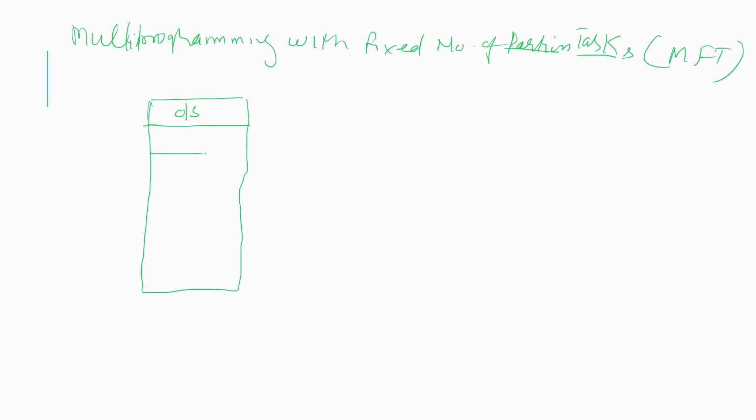Now we can divide the available user space into different partitions of different sizes, but fixed. Suppose this one is 100 KB, this one is 60 KB, this is a 200 KB partition, this partition is 90 KB, and this partition is 160 KB.